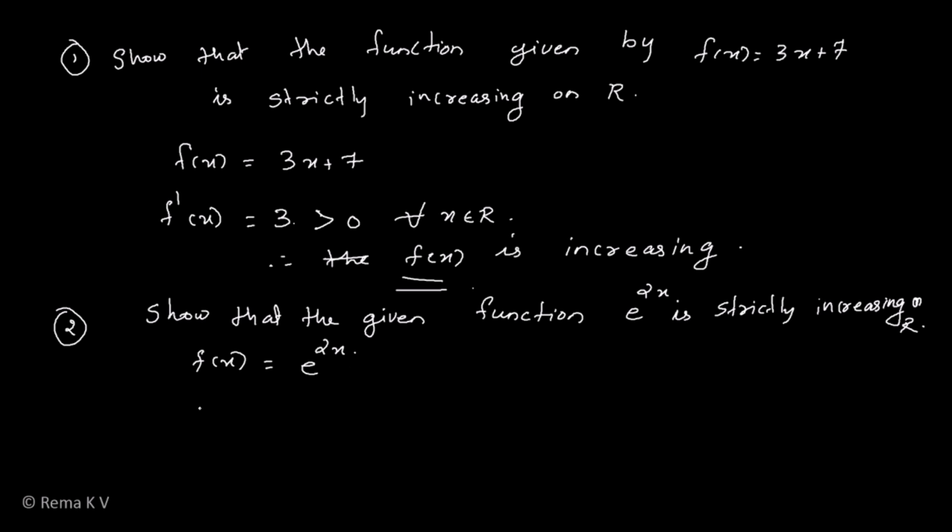Then f dash x is equal to, the derivative of the exponential function is itself. Then applying the chain rule here, e raised to 2x into the derivative of 2x, which is 2.